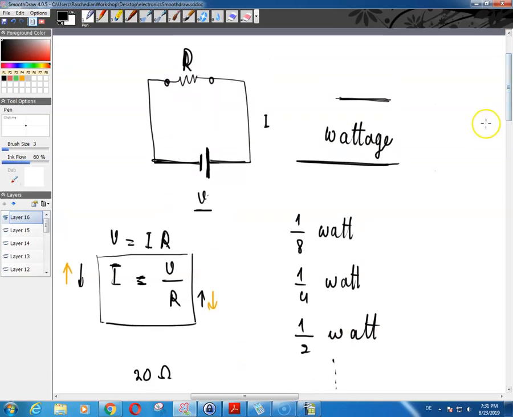Now suppose that you have a 5-volt power supply, and you have some resistor over here. Based on the voltage of your power supply and the current going through your resistor, there is some work being done, which is measured in watts.